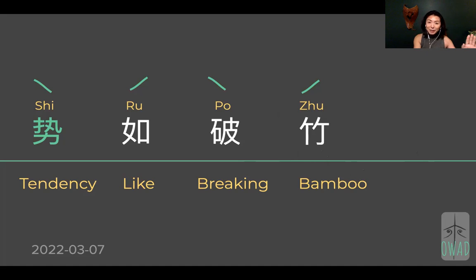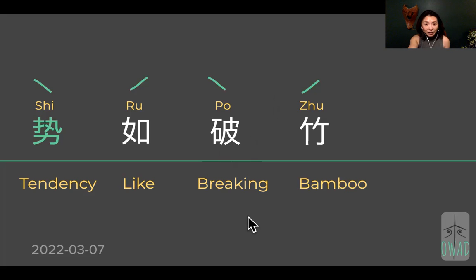No, sorry, meaning maker on the left, which means stone, and the sound maker on the right, pronounced as P, now is 破. P means skin, and the left means stone. I guess you can use the right side as a meaning maker as well, because you kind of scratch your skin on a stone and break it. So that's the kind of break we're talking about.